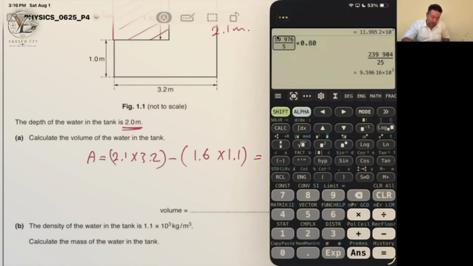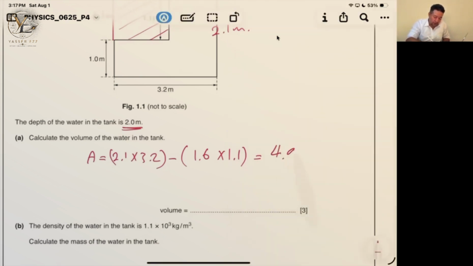So I'm going to open a bracket: 2.1 times 3.2 minus 1.6 times 1.1 is equal to 4.96 meters squared.